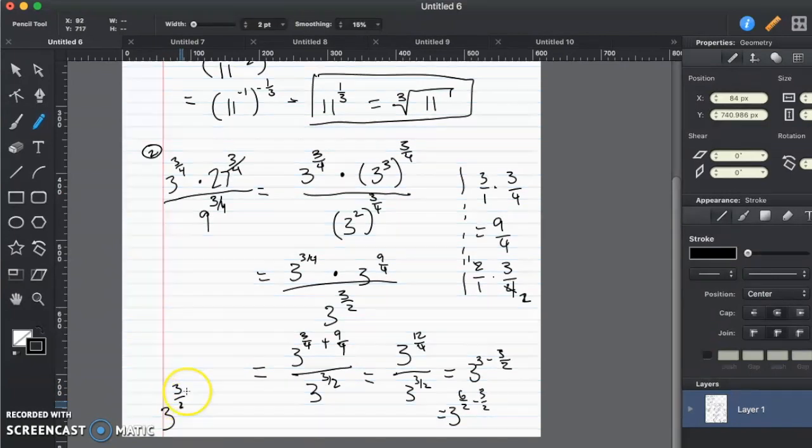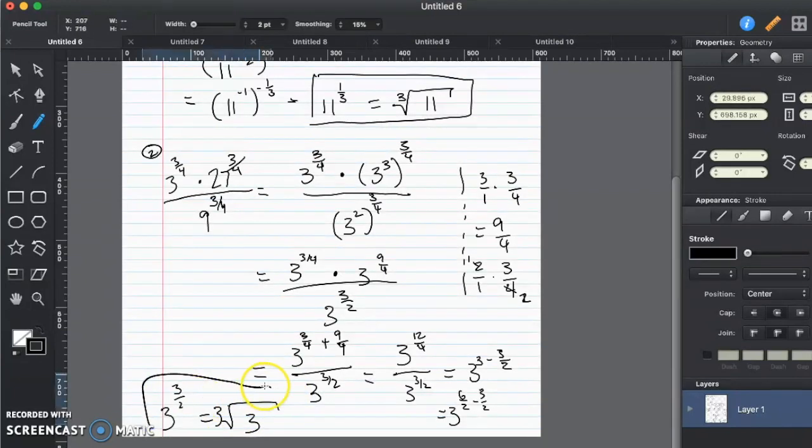And that's an okay answer. If we want to make that a radical form, we could do that too. I have the square root, oops, a 3 square root with 3's inside of there. 1 and 1/2, yep, that works. So that'll be my answer.